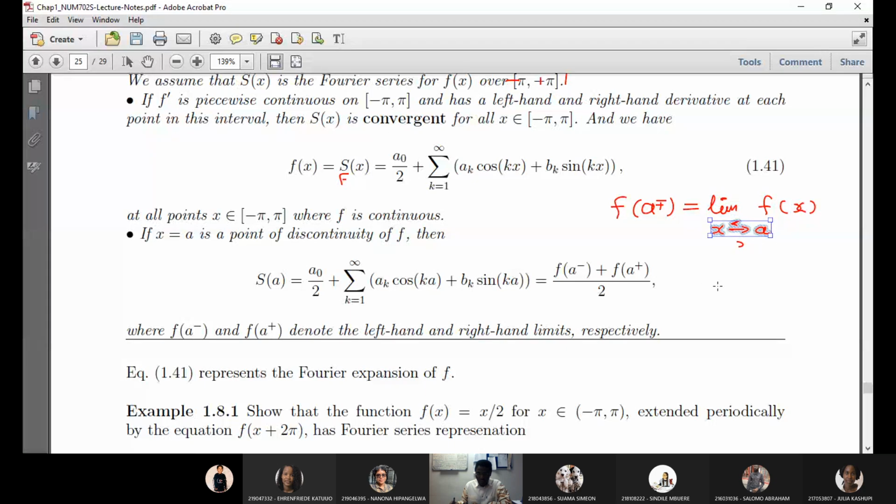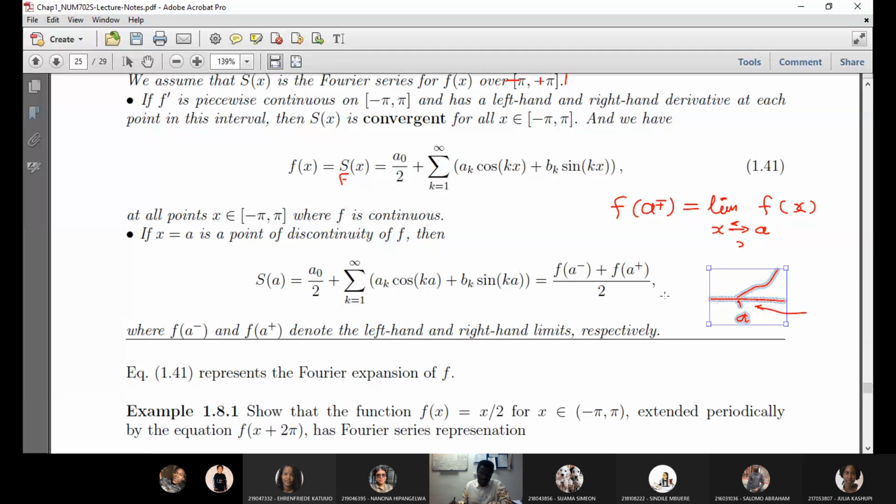What does that mean? From the left means that if this is a, I have the function here and this is a. So when you come from here, like this, that is from the right, which is the second case. When I say tends with a greater sign, it's when you come from the right, like this.